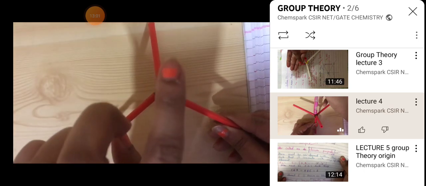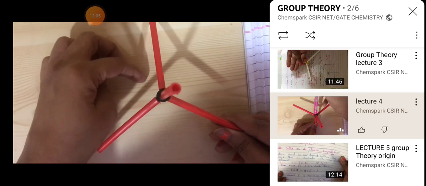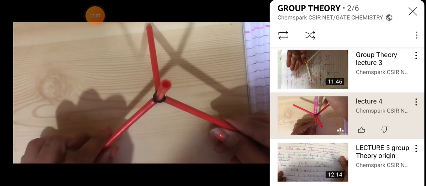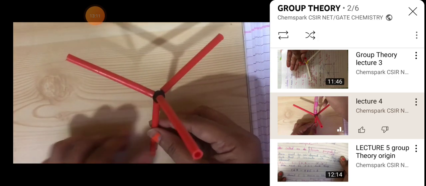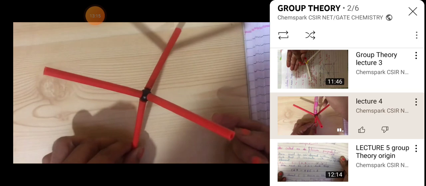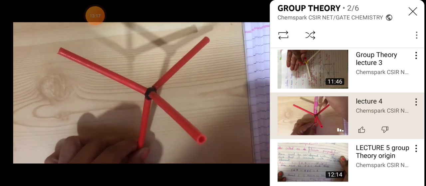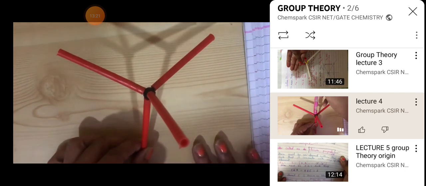Similarly, this hydrogen will reflect in the downward direction, and this hydrogen will also reflect in the downward direction. And if you imagine the initial structure, the reflection would be in this format. So by giving one rotation and one reflection, you get a molecule which is indistinguishable in structure.